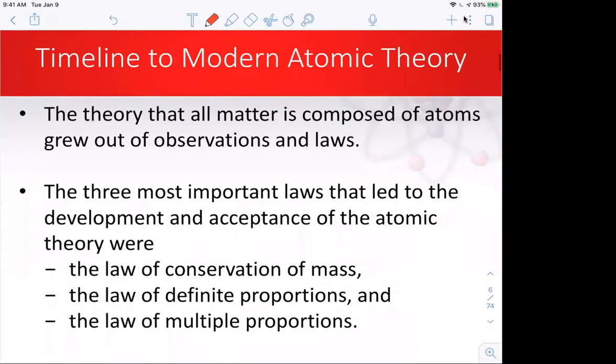So we're going to look into three of the most important laws that led to the development and acceptance of the atomic theory: the law of conservation of mass, the law of definite proportions, and the law of multiple proportions. These laws were the basis of what we now know as atomic theory.